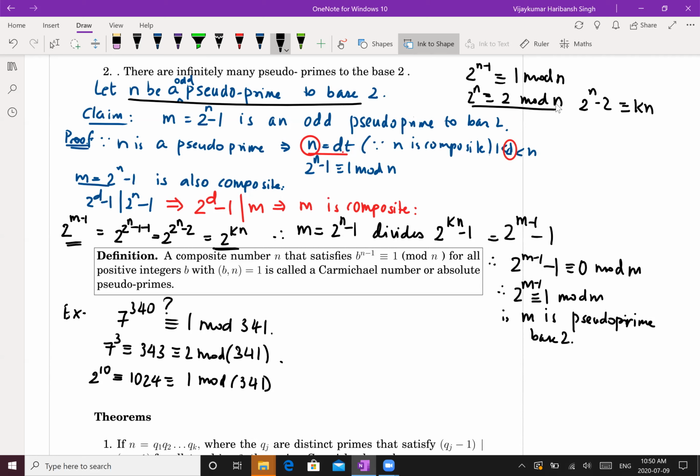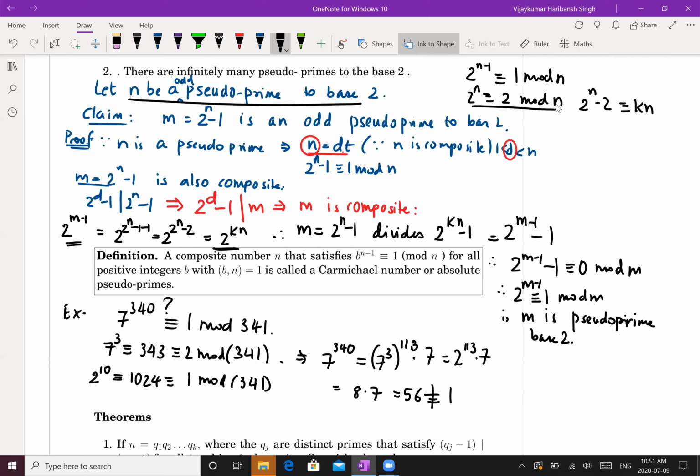So therefore, this implies 7 to the power 340 is equal to 7 cube, the whole power 113 times 7, which is 2 to the power 113 times 7. This is going to be 8 times 7, which is 56.